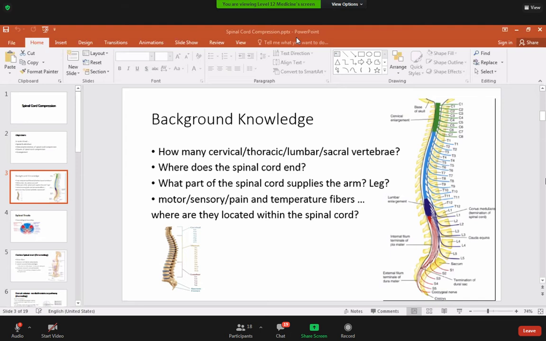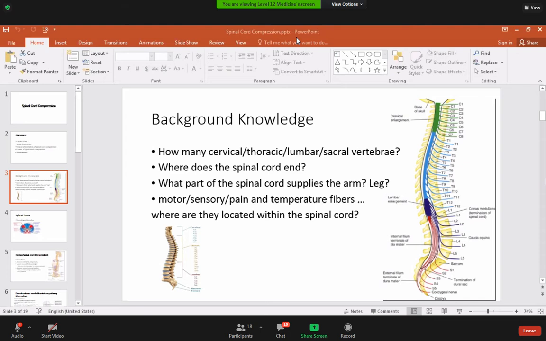This is the area where the spinal cord terminates, and it takes the shape of a cone. Now, different nerves supply different areas of the body. Usually the nerves of the lower cervical and upper thoracic supply the upper arm, and the lumbosacral area supplies the lower limb.